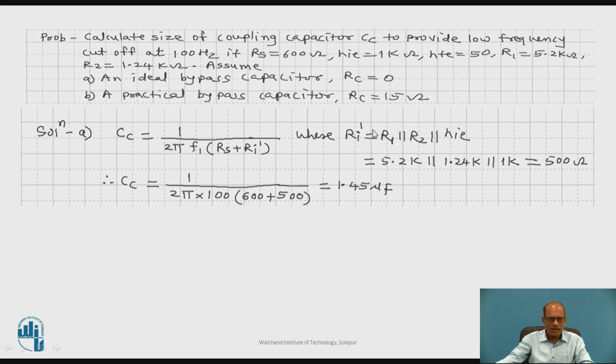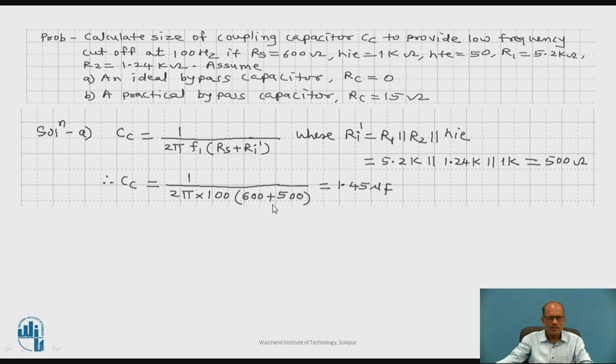Now where Ri dash is equal to R1 parallel R2 parallel hie. Now substitute the values. R1 5.2K, R2 1.24K, hie 1K. So if you solve this, it comes to 500 ohm.